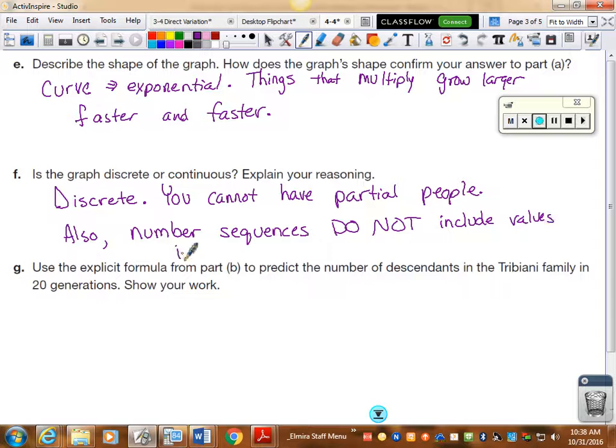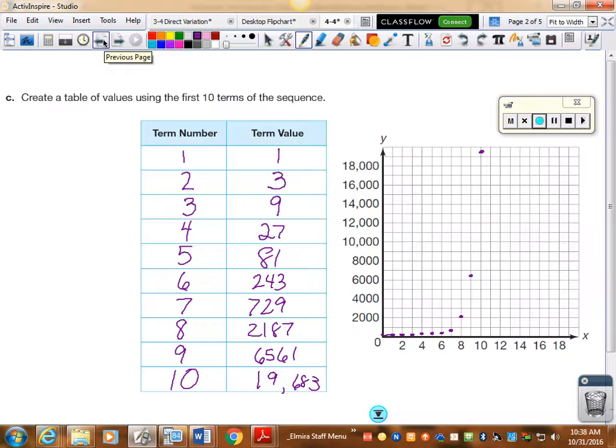Values in between. So what I mean by that is if we go and look at our term value, 13927, if I were to connect the dots, then a value like 10, which is a whole number, it's not a partial, but a value like 10 would have to be included.